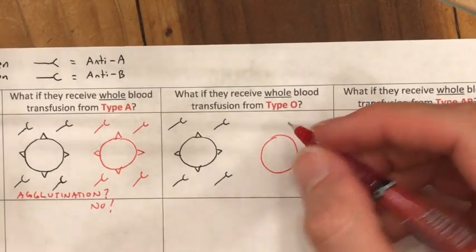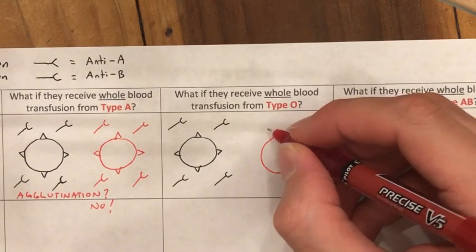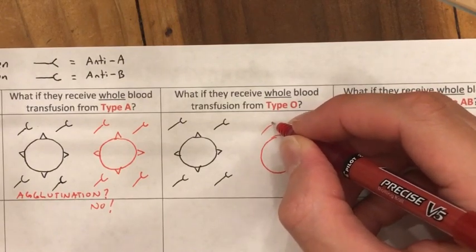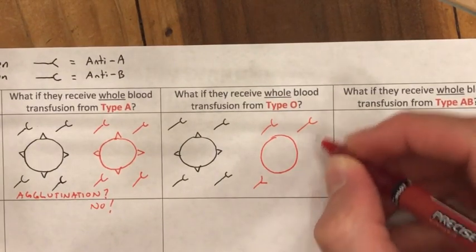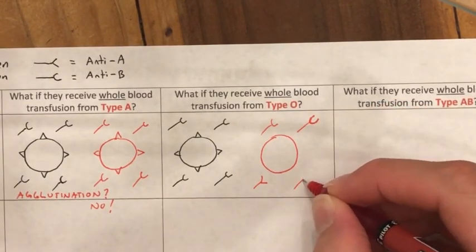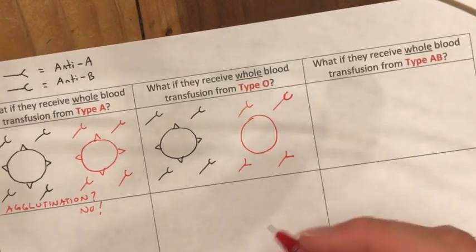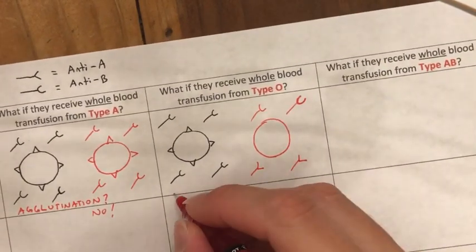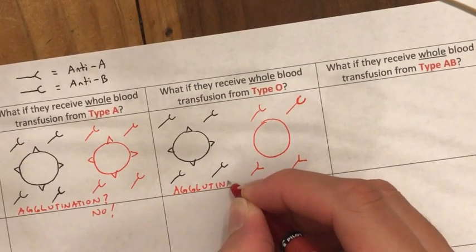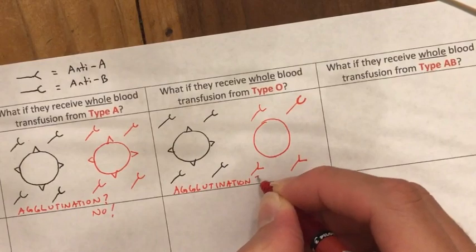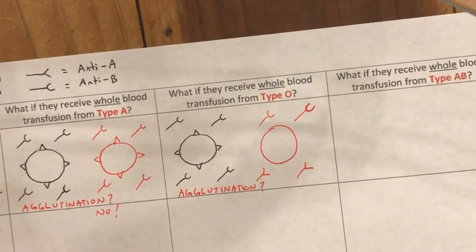So let's draw those in. So once again, we can ask this question of whether or not this is safe. Is there going to be agglutination? Will there be any clumping?